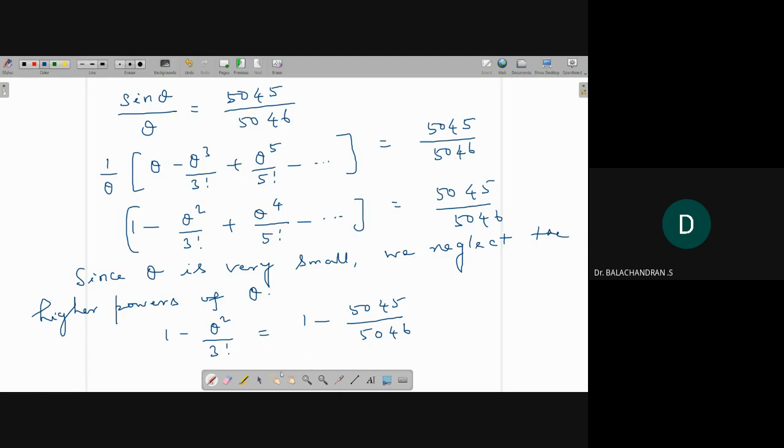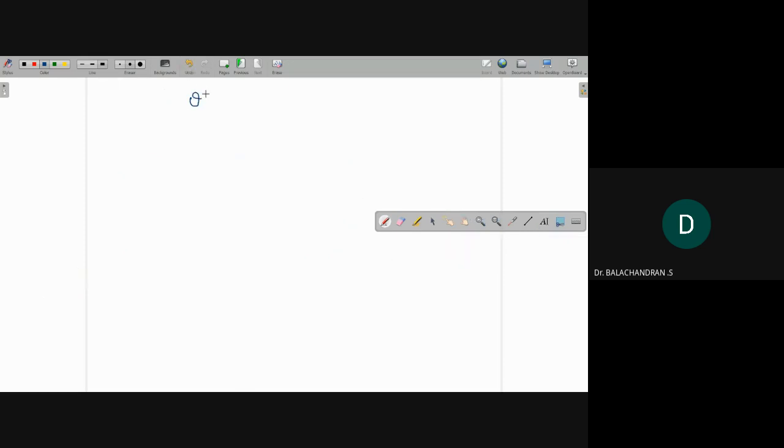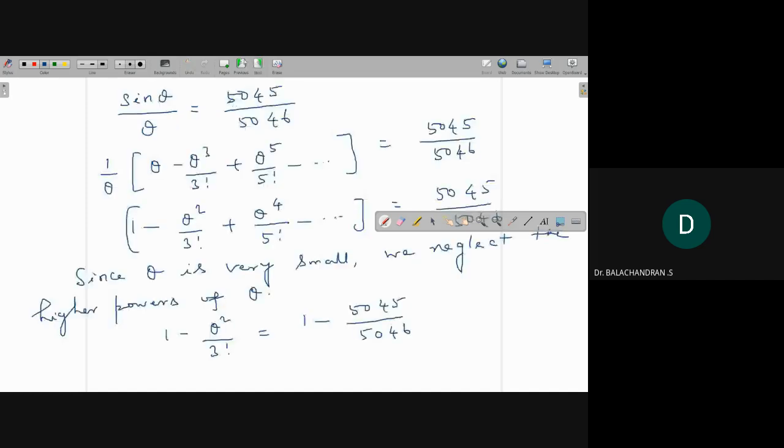So theta square by 6 is equal to 1 by 5046.